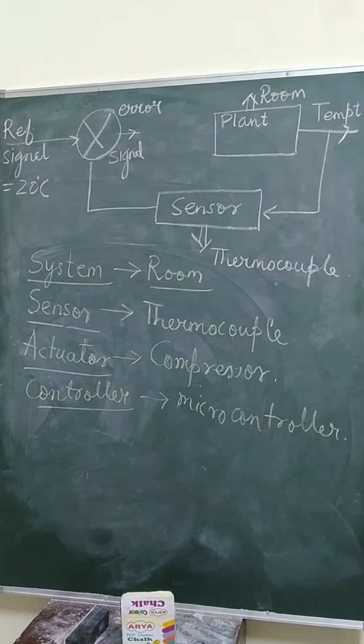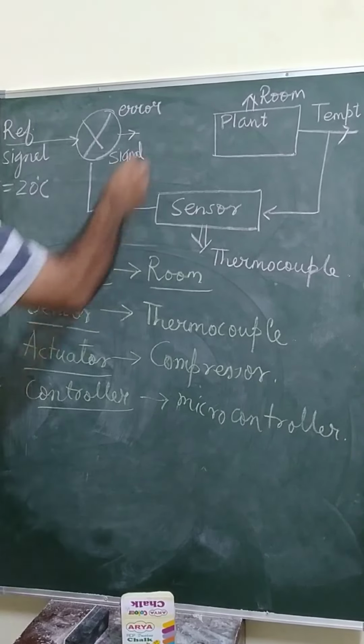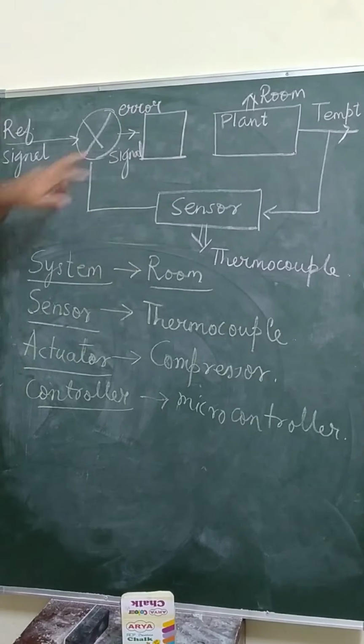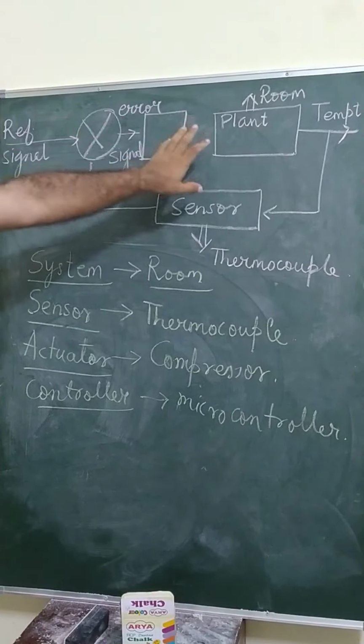The point that I am trying to make is that even if it was a single degree of freedom vibration system, or it's a temperature control problem, the basic components of the control system more or less are the same, right? So now you have a controller, the brain of the system, which based on the error signal will decide what has to be done.